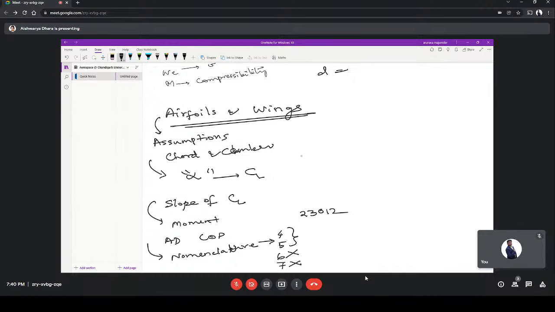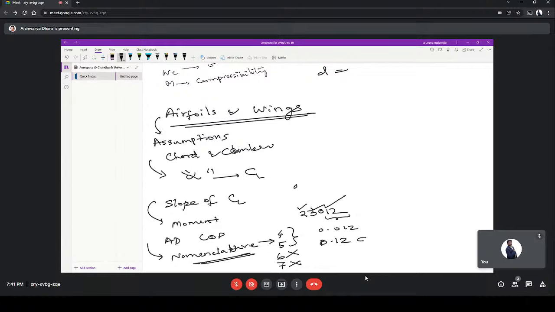They might ask, what do you understand by the last two digits? 0.12 thickness, or maximum camber, or 0.12 of chord? What do you understand by 2? By 3? What is a 0? Each and every number signifies certain things, so you should know this nomenclature. Definitely one question will come.